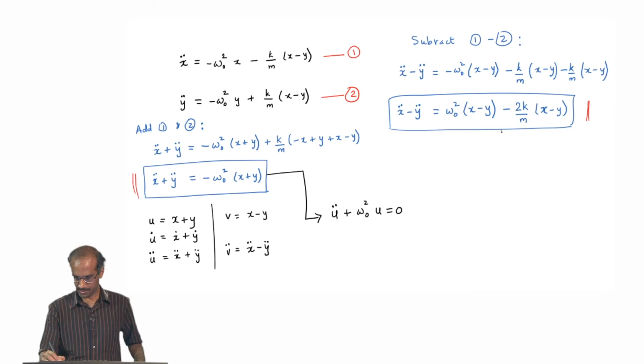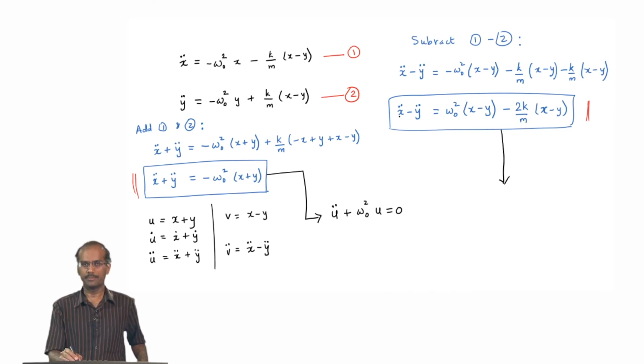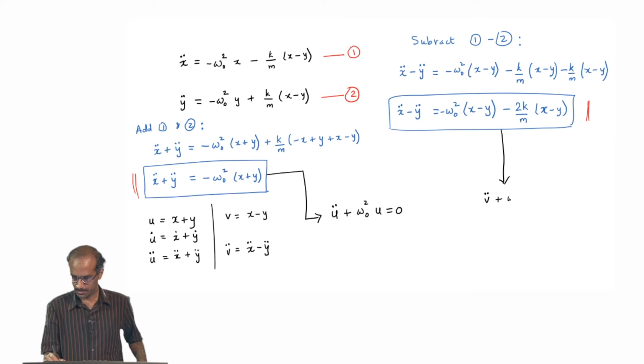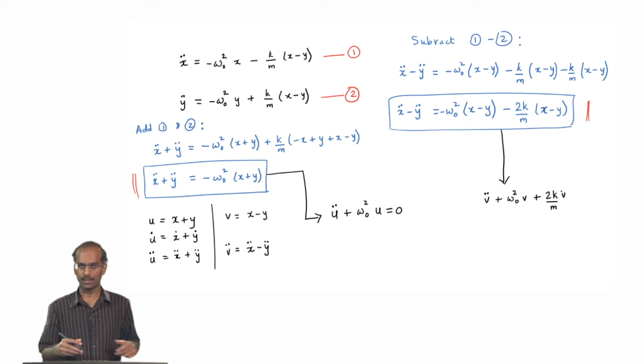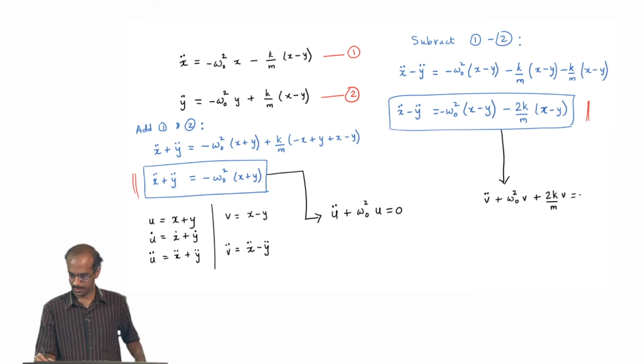whereas this equation here would become, x double dot minus y double dot is v double dot. So, that would be v double dot plus omega 0 square, x minus y is v, plus 2 k by m, which is also v, 2 k by m into v, is equal to 0.